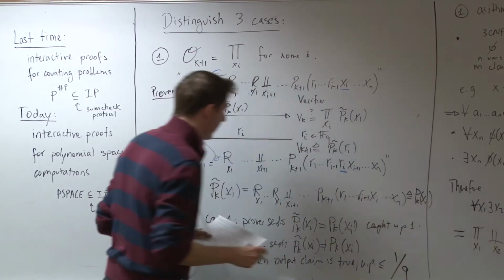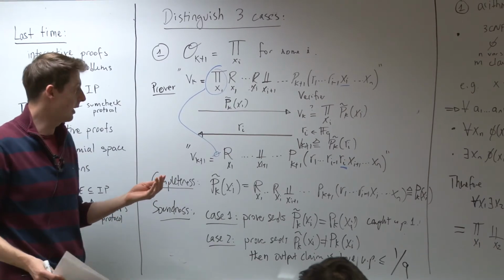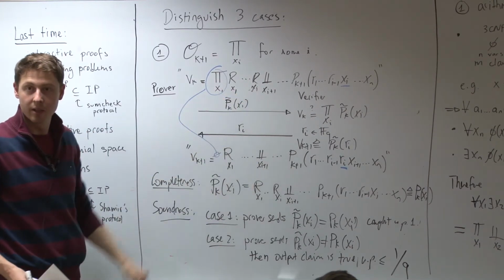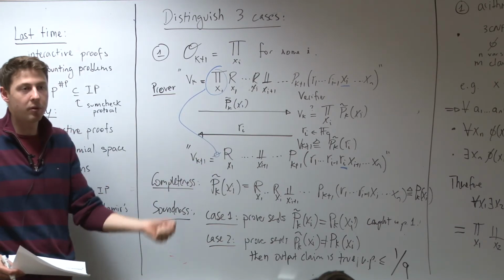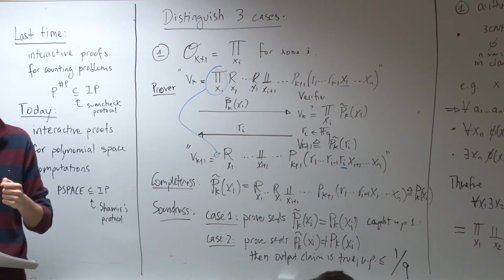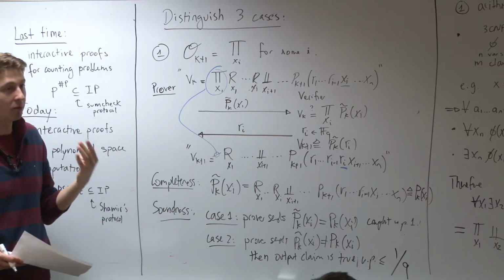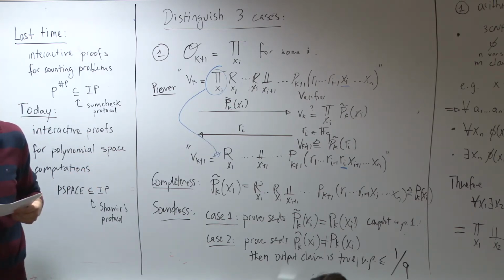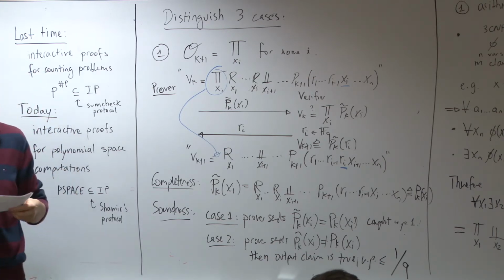Why? Because we're comparing univariate polynomials, univariate because we just reduced xi here. So with only probability 1 over q will the prover be able to proceed to a true statement. In all other cases, with large probability 1 minus 1 over q, the next statement will be false. Degree 1? Sorry, you said univariate, degree 1. Yes, univariate polynomials of degree 1, or linear polynomials.